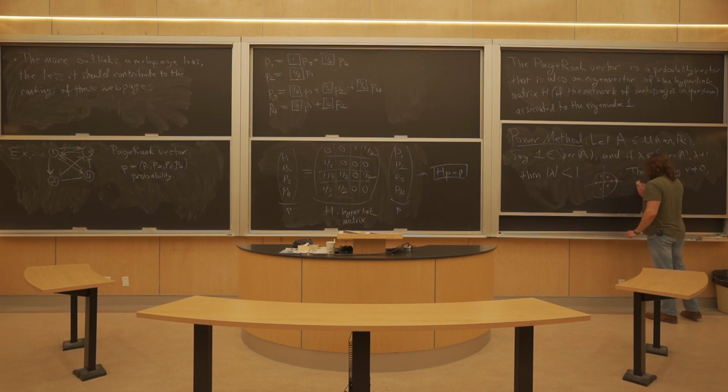So A^n v converges as n goes to infinity to an eigenvector associated to 1.